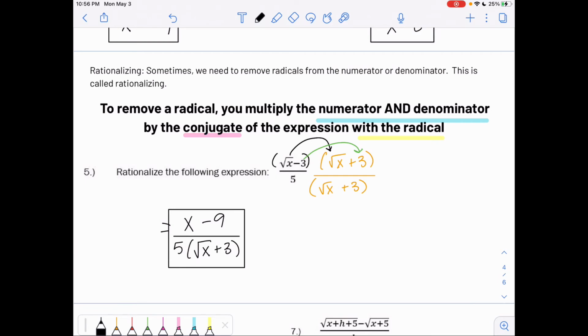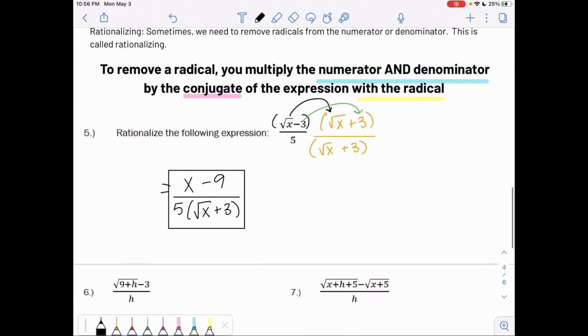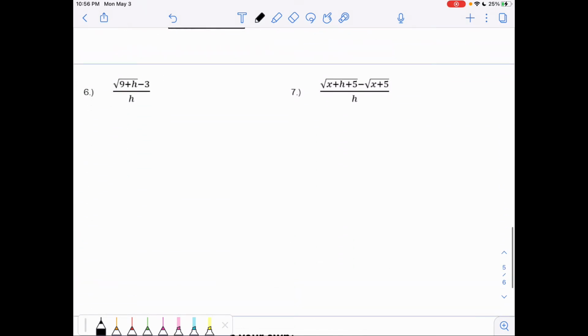Let's do the next two problems. We've got number 6 and number 7 here. We'll start with number 6. In the top, I have the square root of 9 plus h and then minus 3, so I only have two terms there. So I'm going to multiply by square root of 9 plus h and then plus 3 on top and bottom.